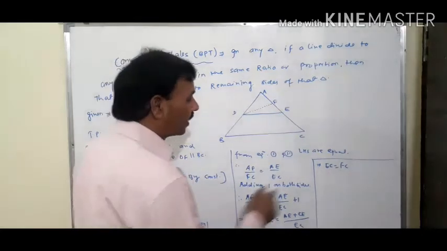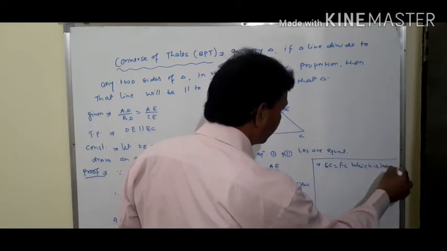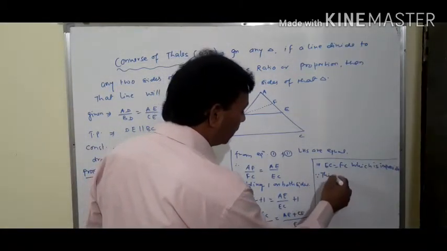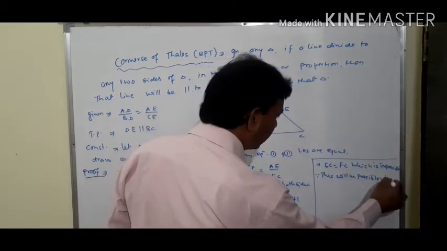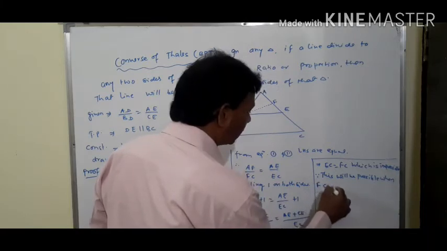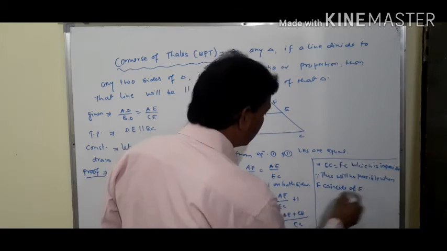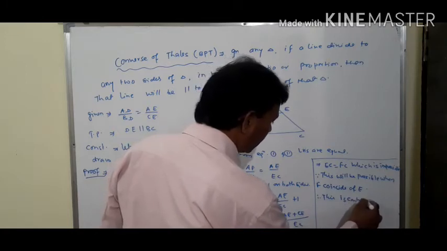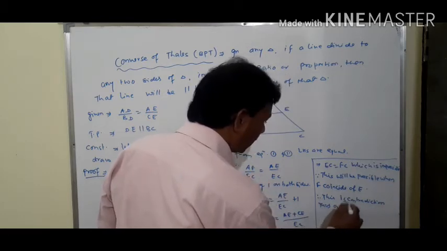Now we can see here EC equal to FC, which is not possible, which is impossible. This would be possible only when F coincides with E. Therefore, this is a contradiction. Thus, our assumption is wrong.